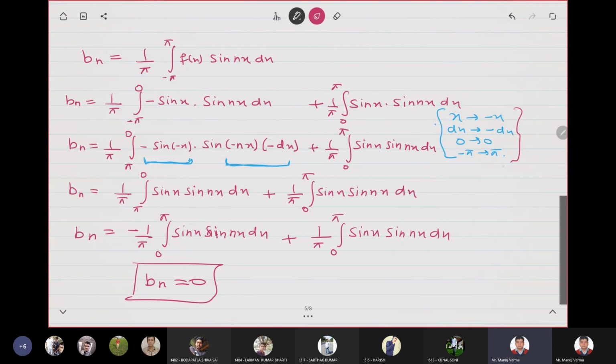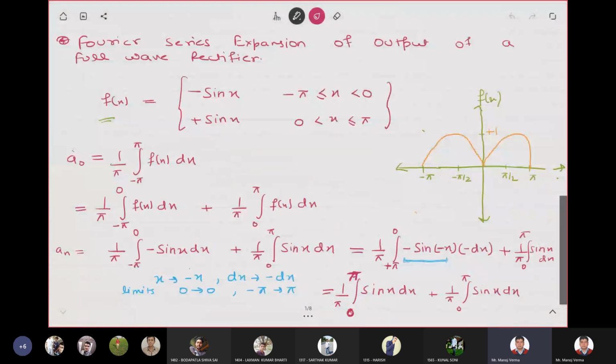But from the graph itself, you can see this graph was symmetric on the y-axis. Whatever be the value of fx for positive x values, the same values of fx was obtained for negative values of x. This was a symmetric graph. So you can say from the graph itself, this was an even function.